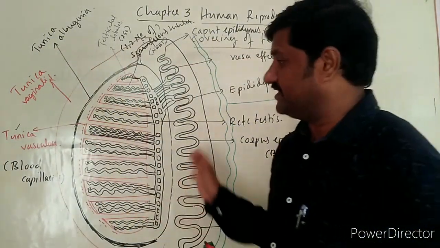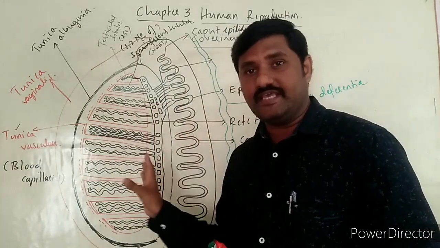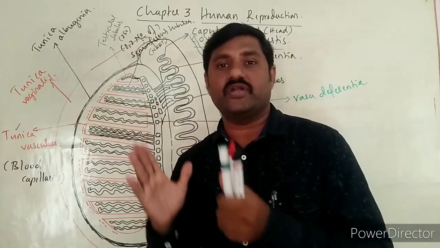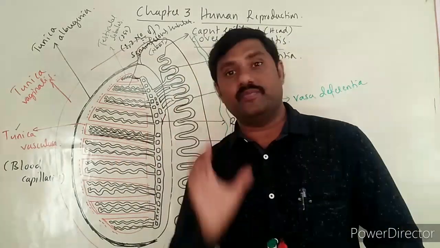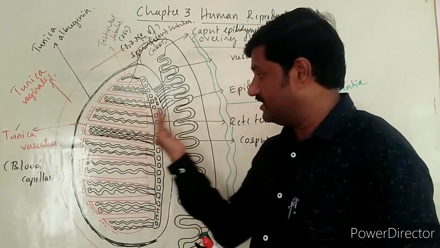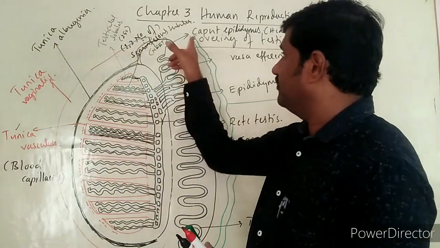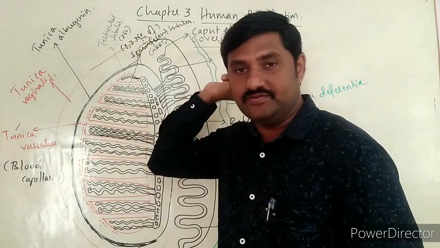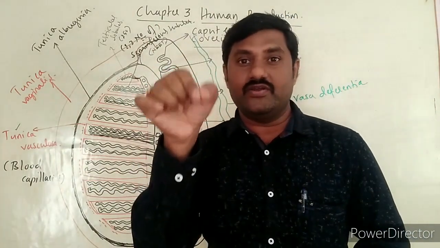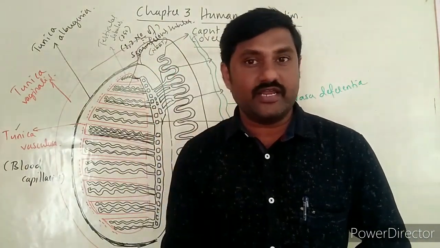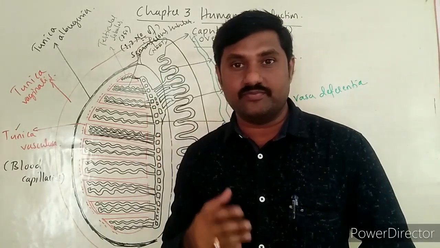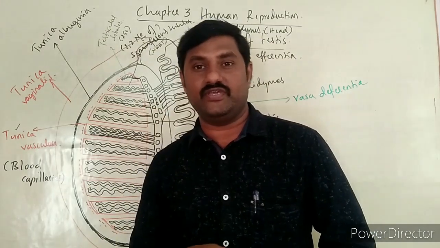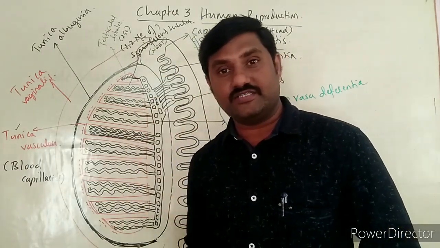We can observe the same type of structure in the entire male reproductive system. There we come across the connections, and along with this, the vas deferens continues and opens into the urethra, and it comes across many of the accessory glands, the main reproductive accessory glands that we have already mentioned in the last video.